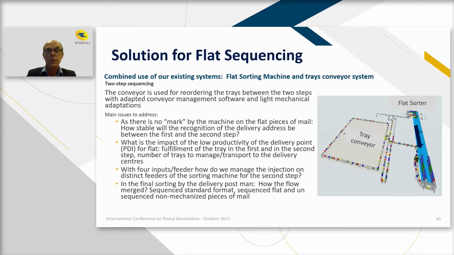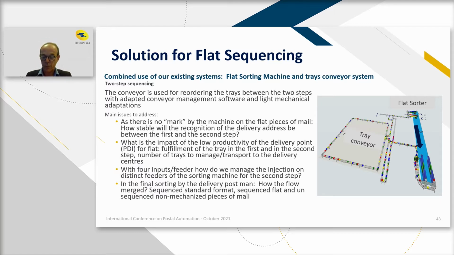What is important is that in our sorting center, each of these flat sorters is connected with a conveyor, which is normally used to take the output and to empty the machine when the sort is finished, but which is also sometimes used to come back to the injector of the machine.